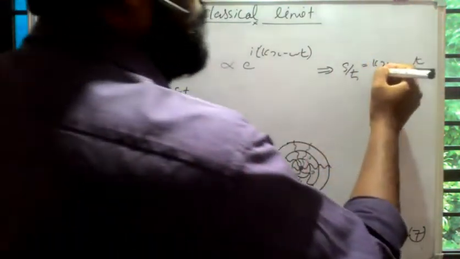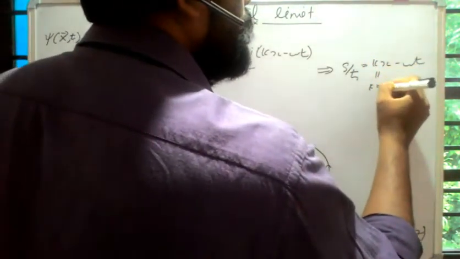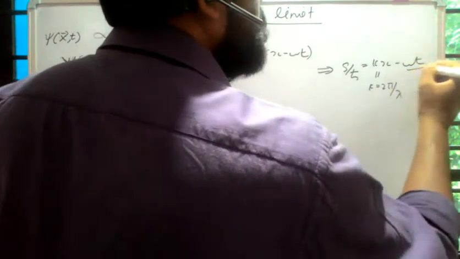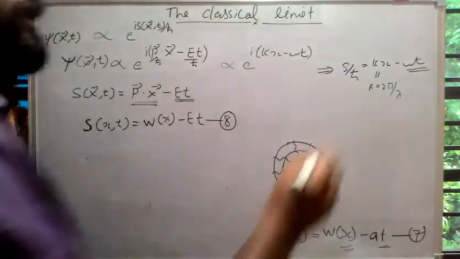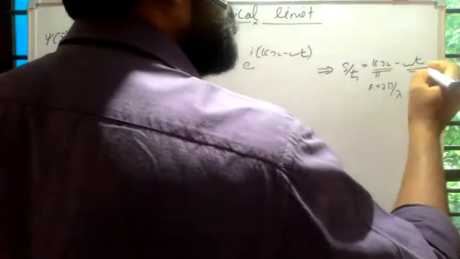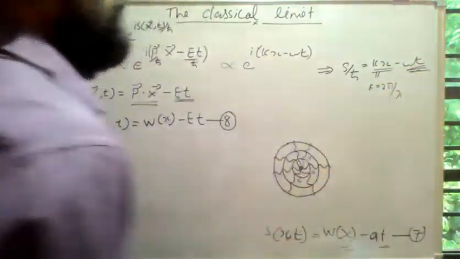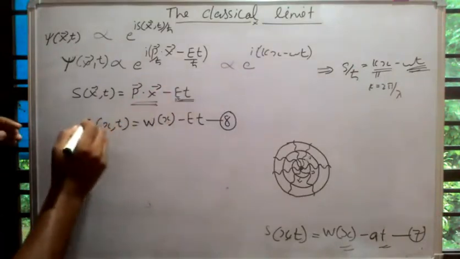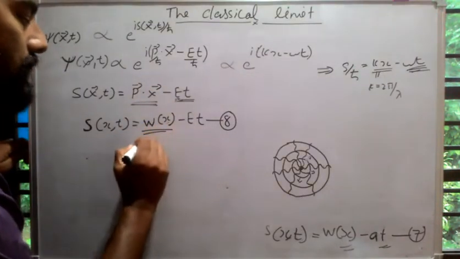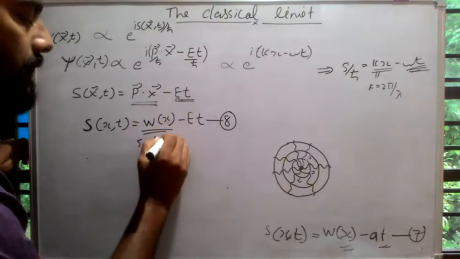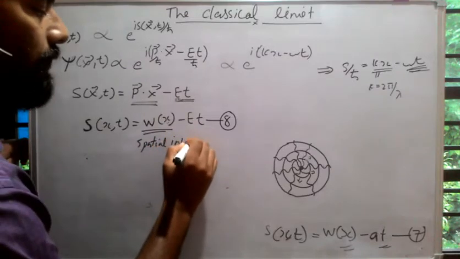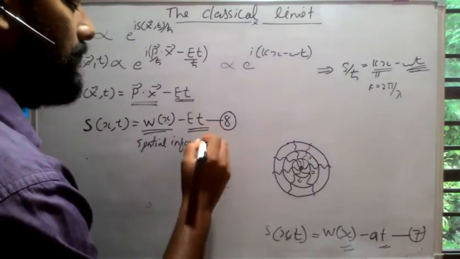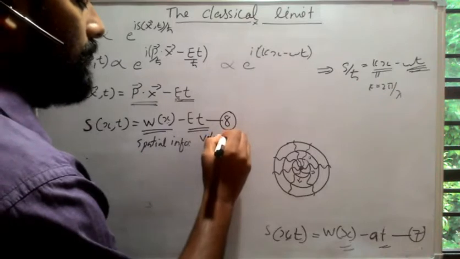This k we know is the wave vector, k equal to 2 pi over lambda, and omega relates to the velocity. This portion gives you the spatial information about the wave, and this portion gives you the velocity of the wave. The h cross is a constant.